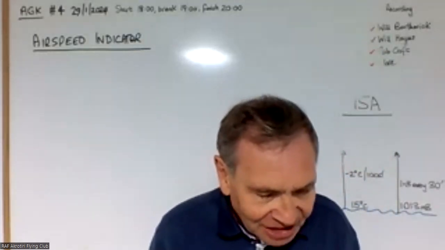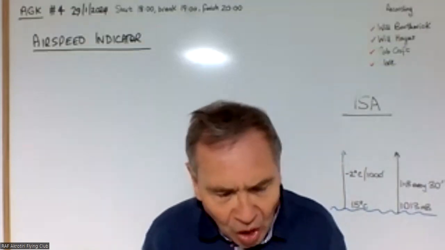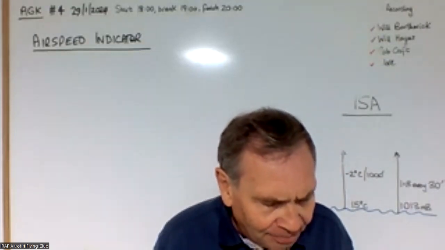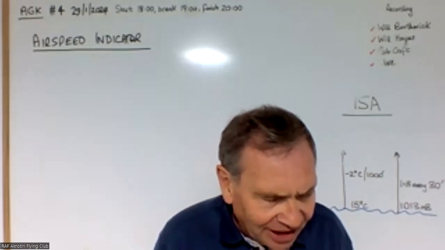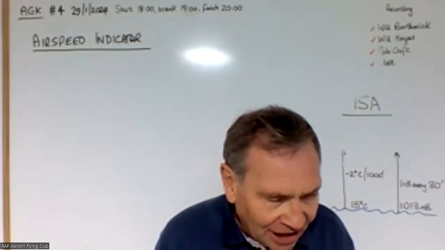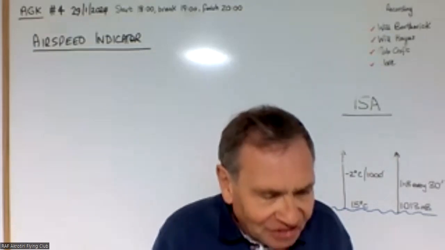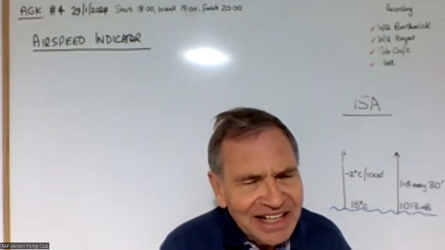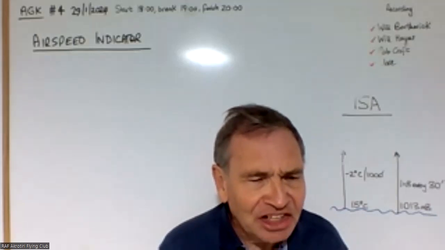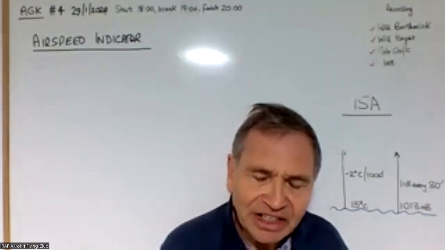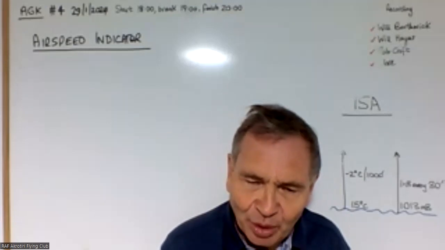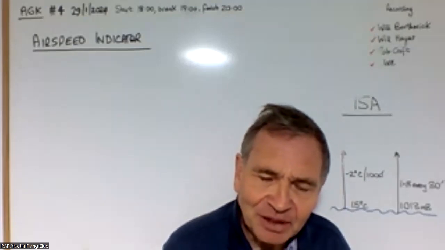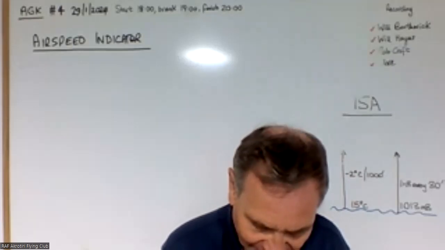Right. So now let's think about something a bit more weird, in that now you have to get your head around these things. The airspeed indicator is measuring the pressure difference between the static port and the pitot, isn't it?